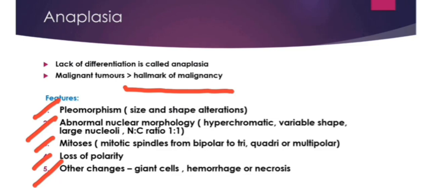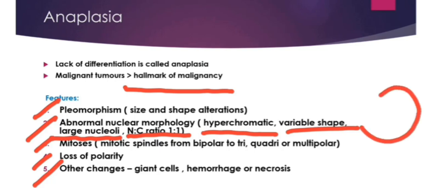The nucleus will be hyperchromatic, will be variable in shape, it will have large nucleoli, and the more important point is the nucleus to cytoplasm ratio is 1:1. As we know that in a normal cell, the cytoplasm is much more in amount than that of the nucleus. But in an anaplastic cell, the nucleus becomes large, so the cytoplasm and nucleus ratio becomes almost 1:1.